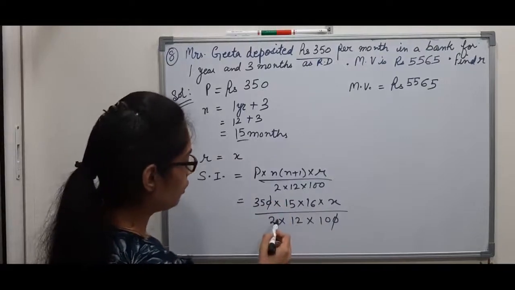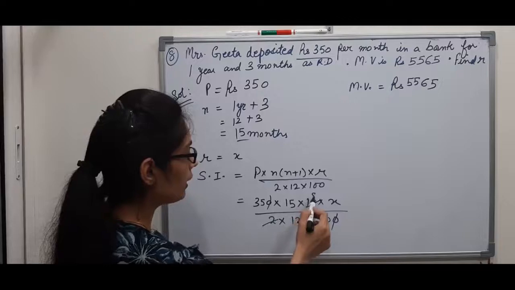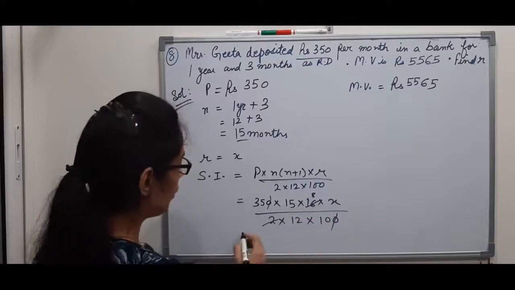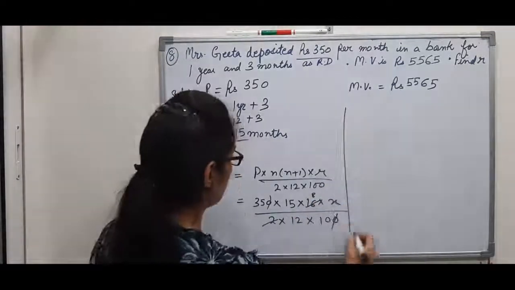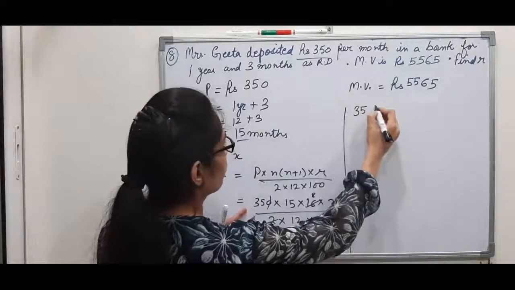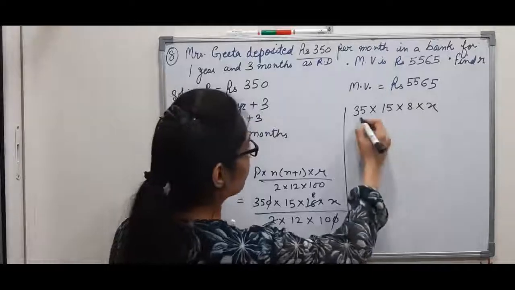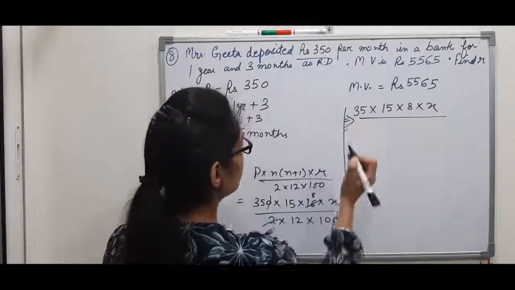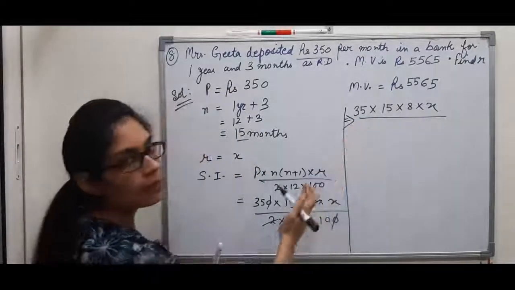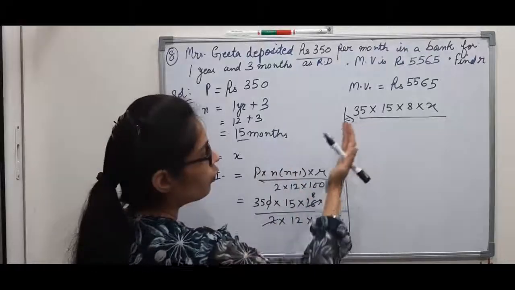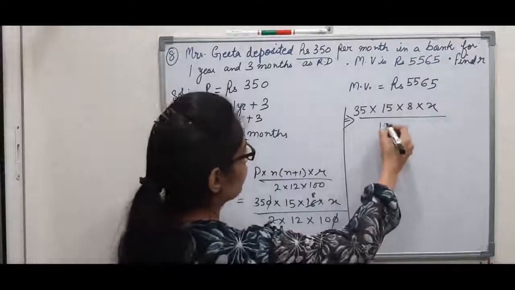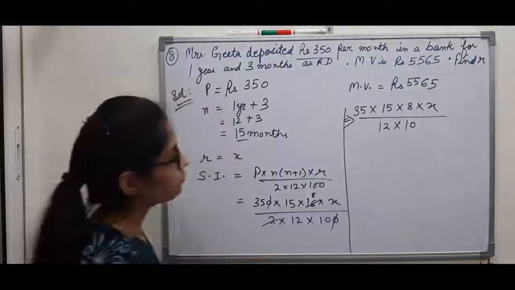Now 2 into 1 is 2, 2 into 8 is 16. Now I will do the next step. I am left with 35 into 15 into 8 into x, and as my denominator, you have to put this sign before each step. Now I am left with 12 into 10.